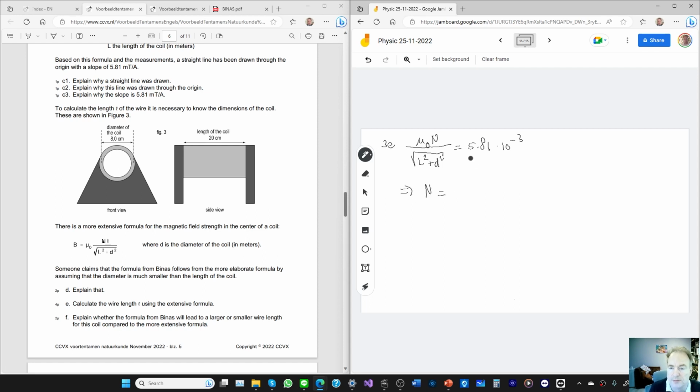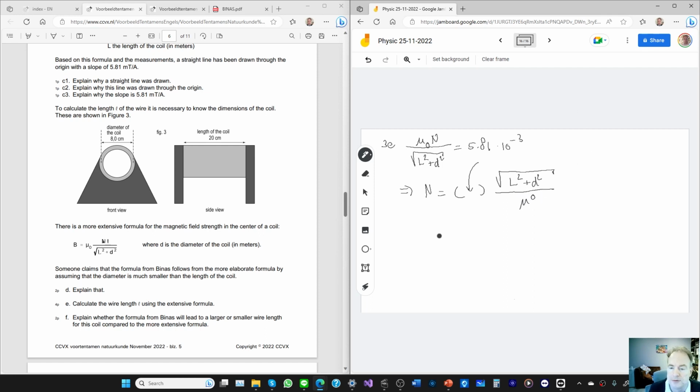So n is just given by that number times the square root of L squared plus D squared divided by mu 0.